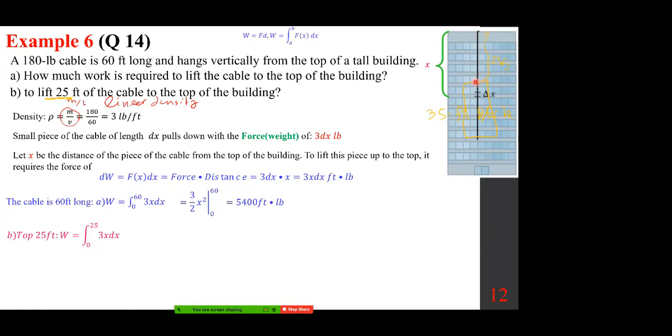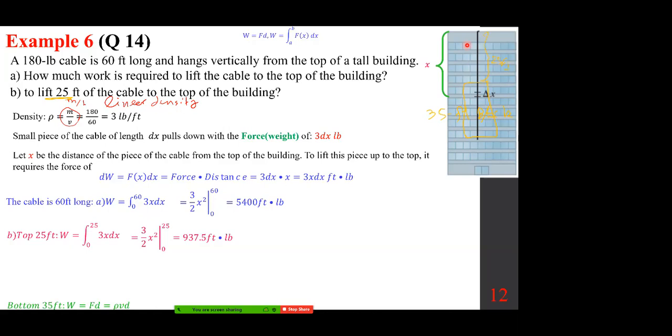That is only the top portion, everybody. The bottom portion is fixed, 35 feet, times what? Times 3 pounds per foot. This would be the total weight, if you will. And then it goes up by how much? 25.